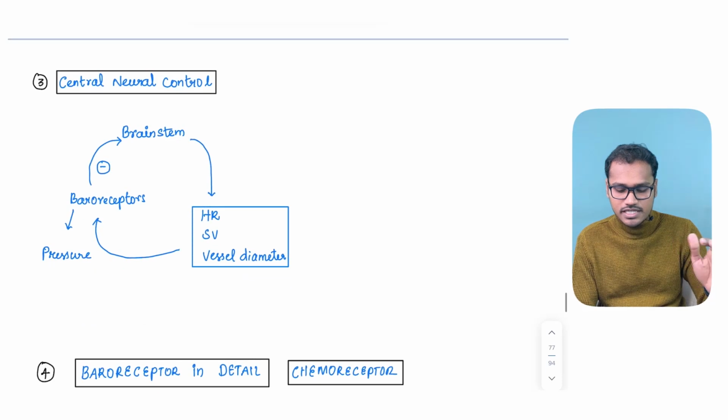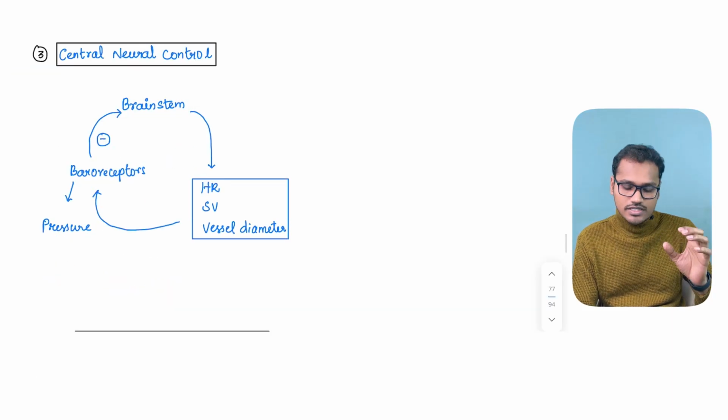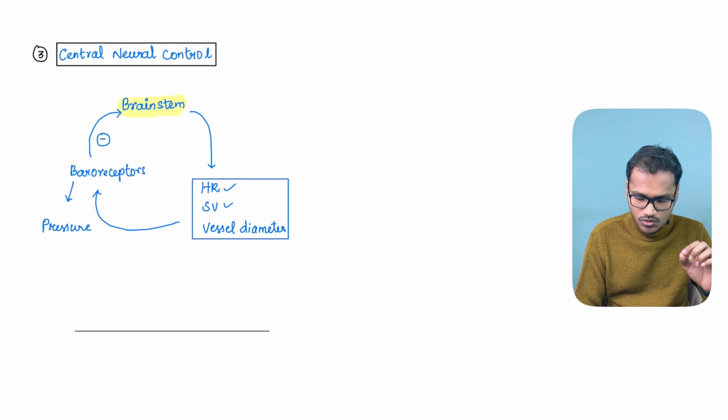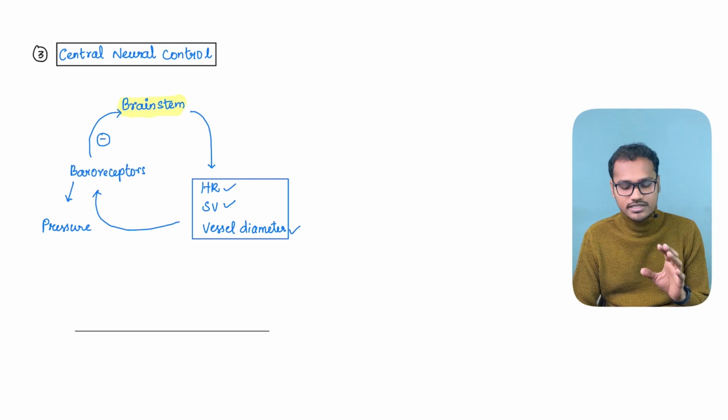Then there are some central neural regulators also, which are present in the brainstem region, and they are the decision makers in the house. They will analyze the heart rate, stroke volume and vessel diameters of a person, and they have sensors in multiple places.